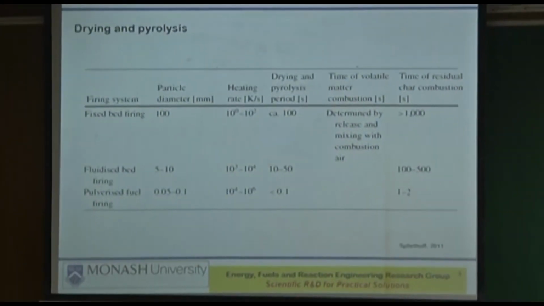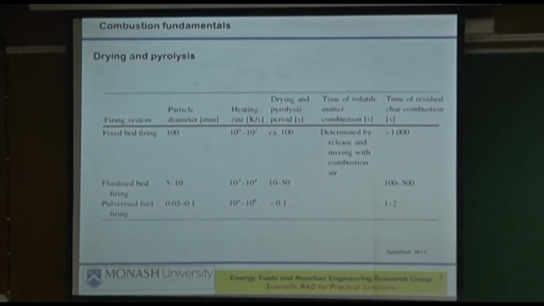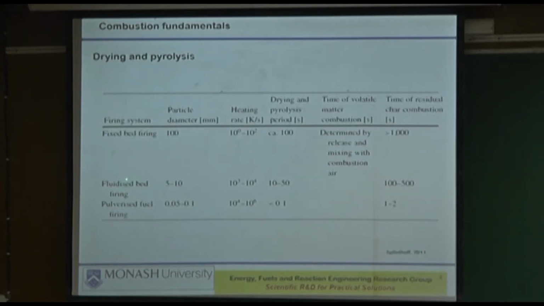So let's go to the next slide. Here I have copied something from the book by Hartmut Spliethoff. If it is a fixed bed firing system, a fluidized bed firing system, or a pulverized PF firing system, obviously the particle size varies, micron to millimeter, as you can see, and that makes the heating rate different. What is heating rate?